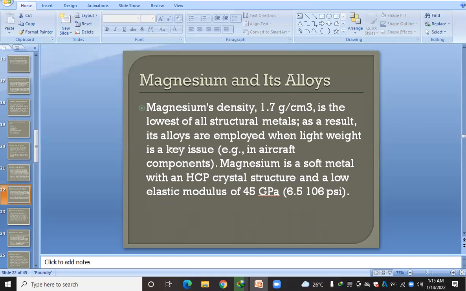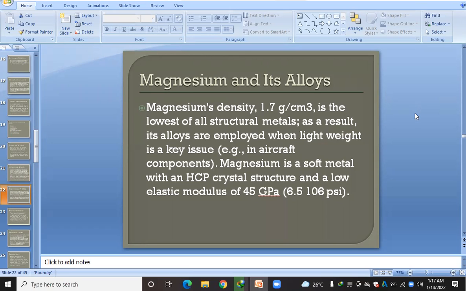Unsa man ang HCP? HCP is hexagonal close-packed. The HCP structure has three layers of atoms.